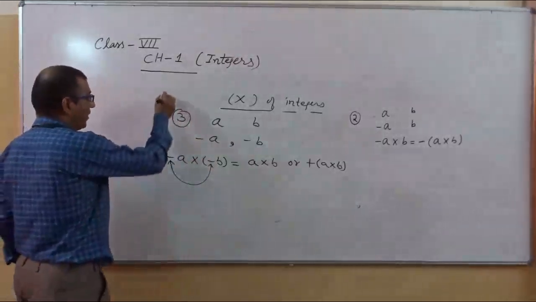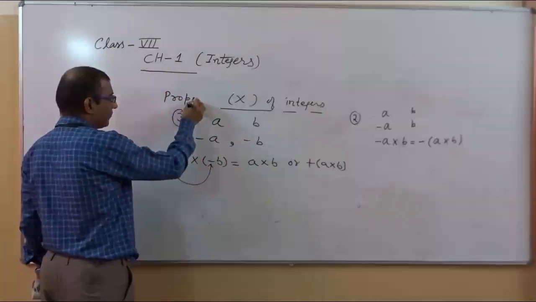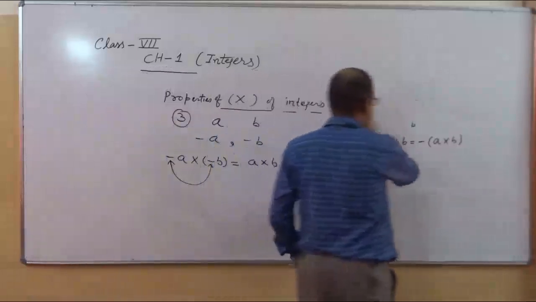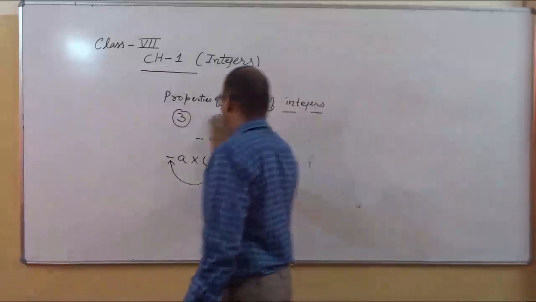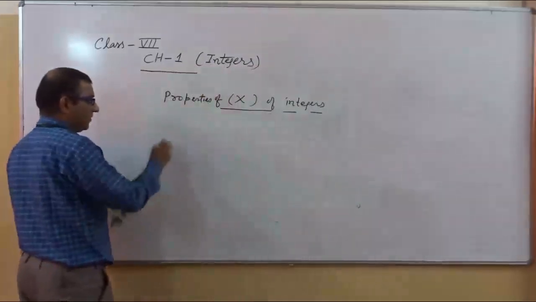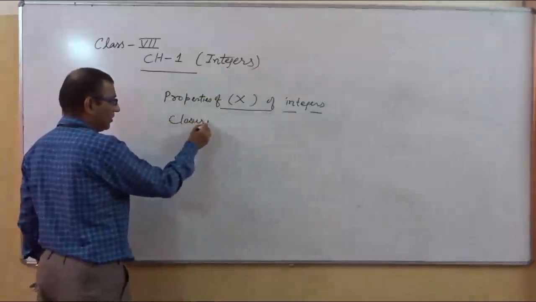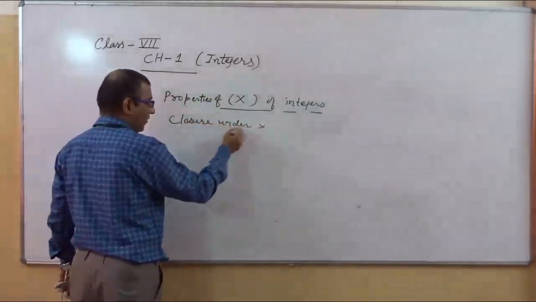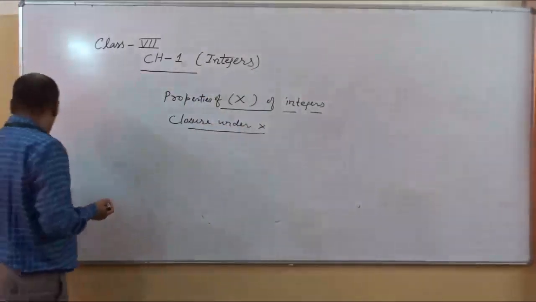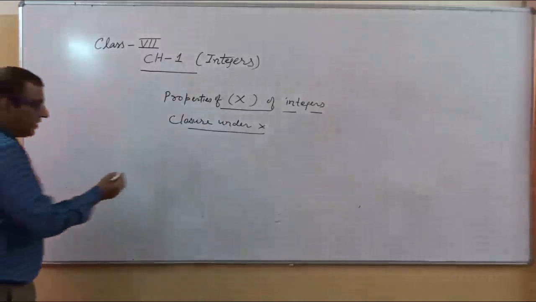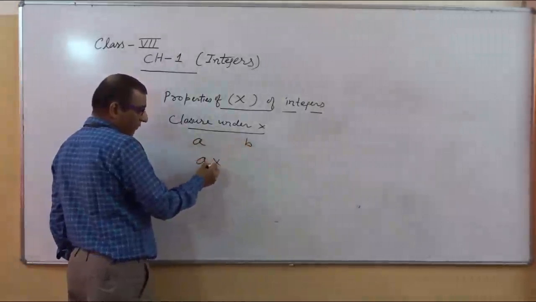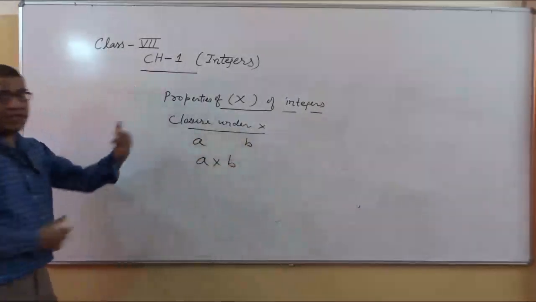Now I come to the next point, that is properties of multiplication of integers. Under this heading, first we will go with closure under multiplication. If I take two integers a and b and multiply these two, again I will get an integer.